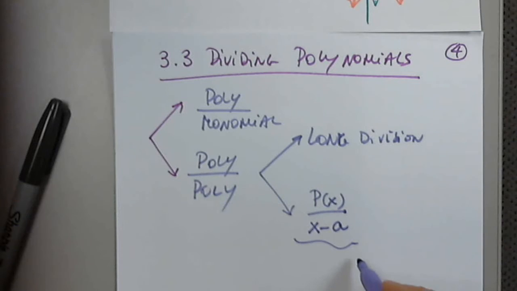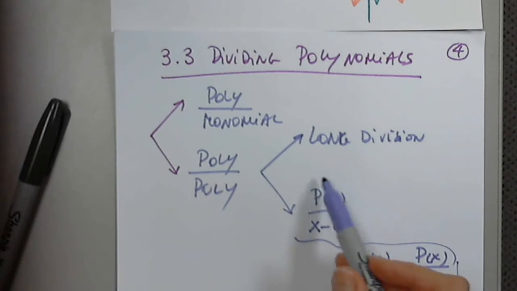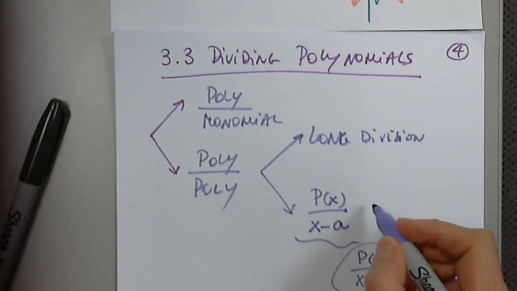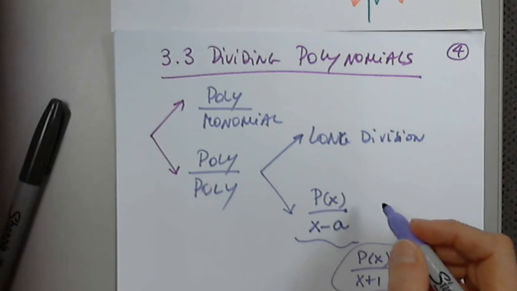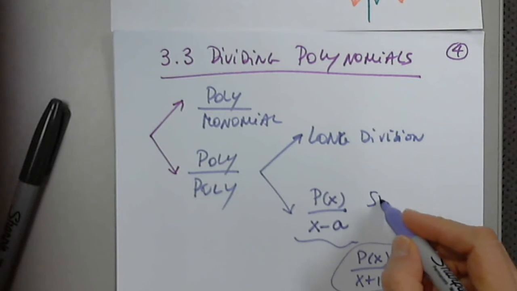So this can be a polynomial divided by x plus 1, or a polynomial divided by x minus 5. If we have something like this, we can use this particular situation, and the method is called synthetic division.